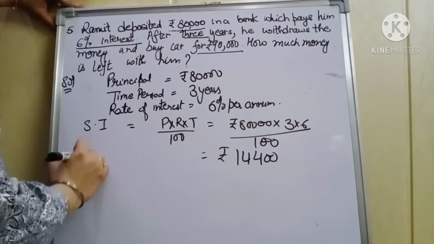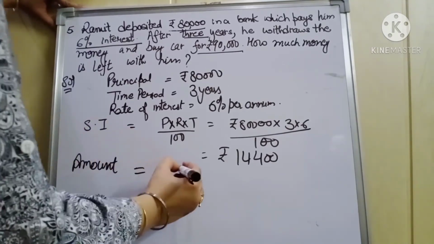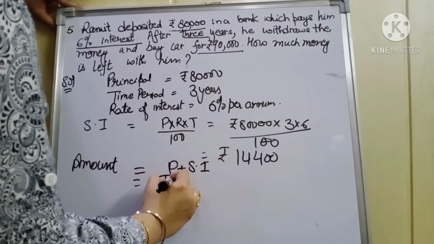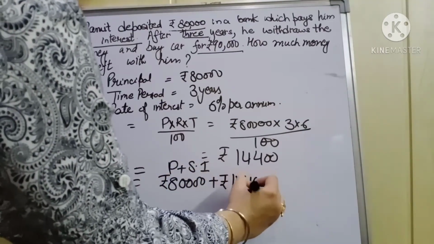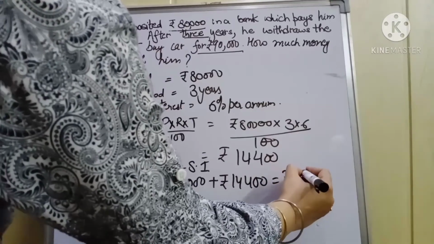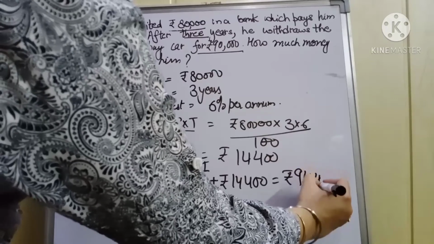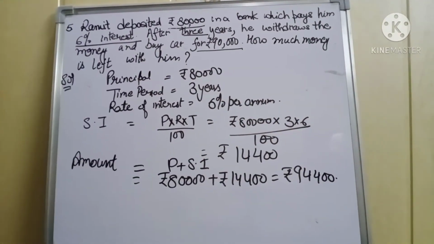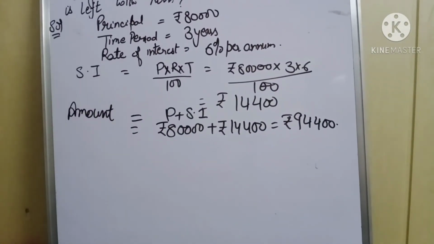The amount he withdraws from the bank is equal to the principal plus simple interest. That is rupees 80,000 plus rupees 14,400. That means rupees 94,400. This much amount Ramit gets from the bank. Now he wants to purchase a car whose cost is rupees 90,000.